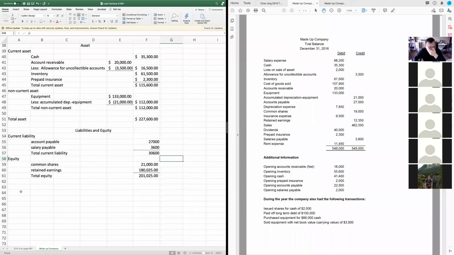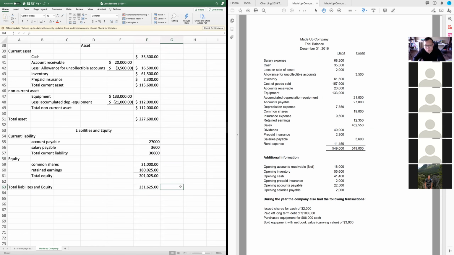So then what's my total liability and equity? That will be this number plus this number.